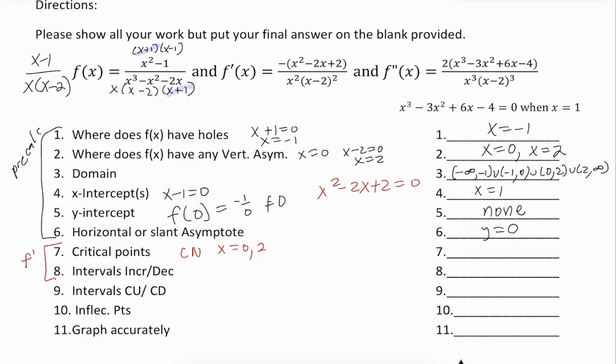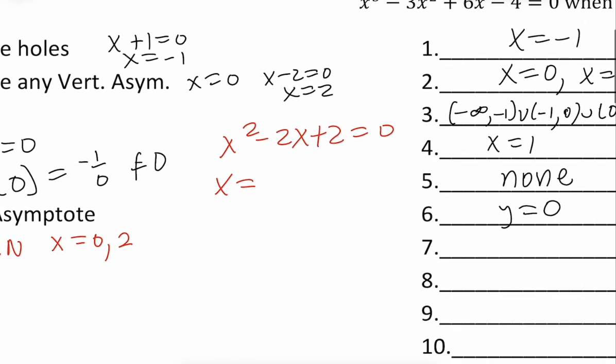Well, unfortunately, it is not a factorable quantity. But we can use the quadratic formula. So if we do the quadratic formula, it is negative b plus or minus the square root of b squared minus 4 times a times c, which actually gives us negative 8.